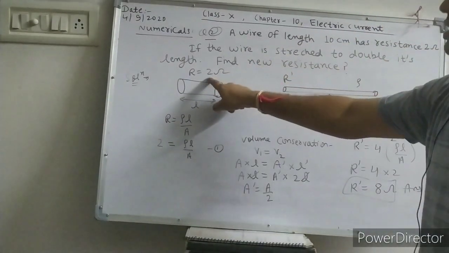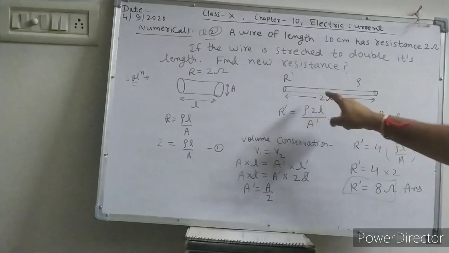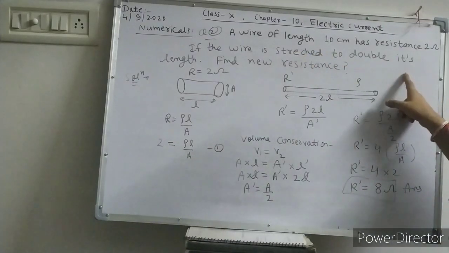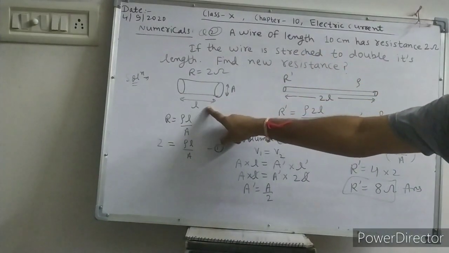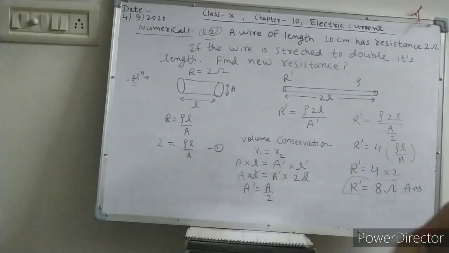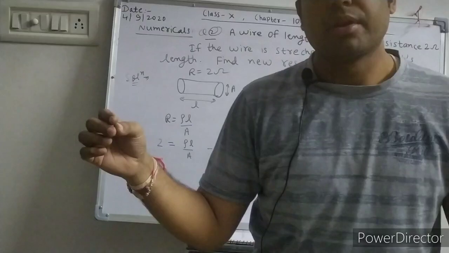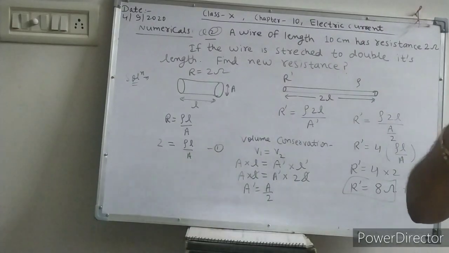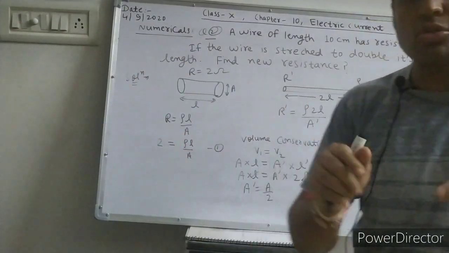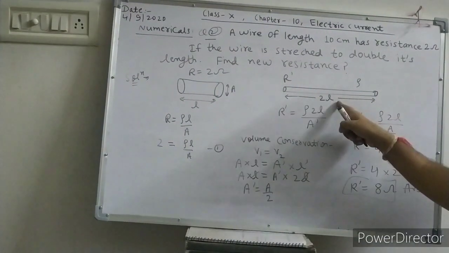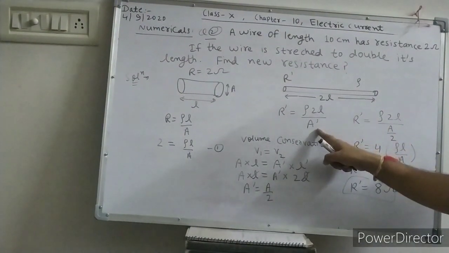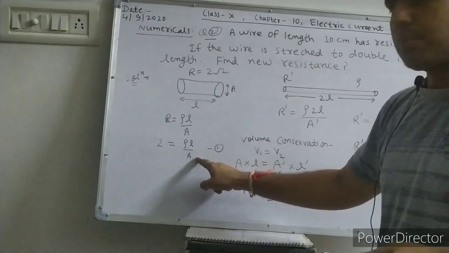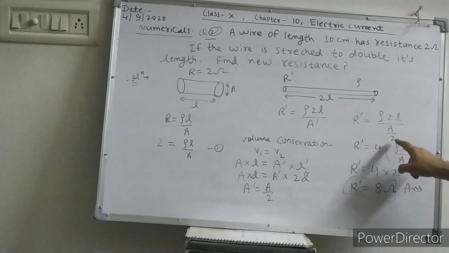So the resistance here is 2 ohm, and if the wire is stretched to double its length, suppose this is length L and this is length 2L. When you stretch the wire, its area will decrease. If you increase the length of a wire, its area will definitely decrease. So if you double the length, the area will become half. So here resistance is 2 ohm, so 2 equals rho L upon A. Here resistance is rho L upon A by 2.